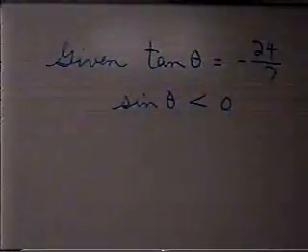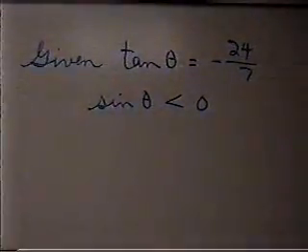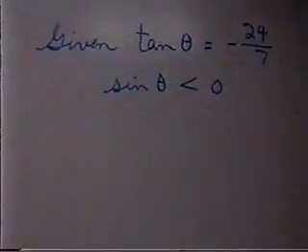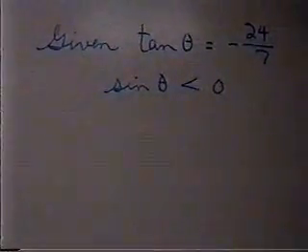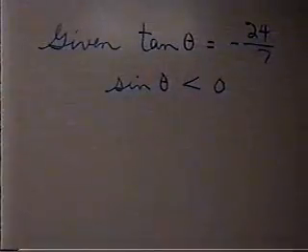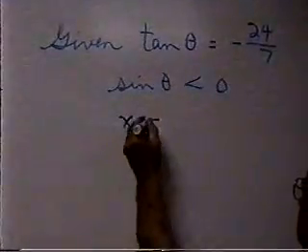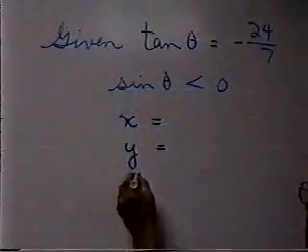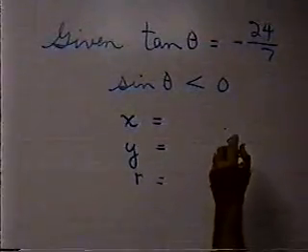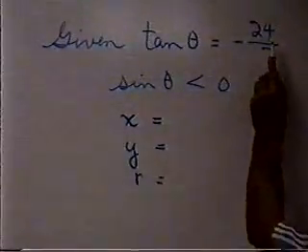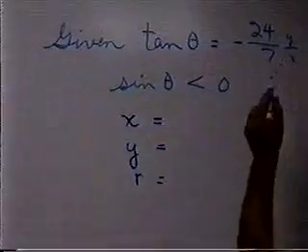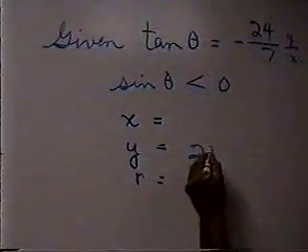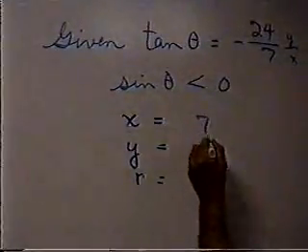Looking at the next example, it says we're given that the tangent of theta is equal to a minus 24 over 7. Well, let's see. That says that x is equal to, y is equal to, and r is equal to. Tangent's y over x. So y is 24 and x is 7.